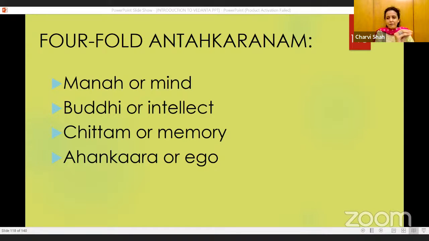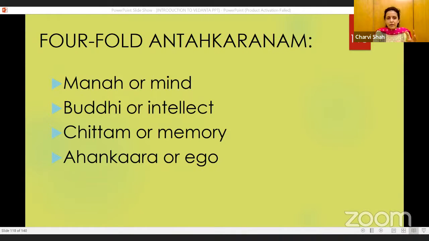So manaha is a different instrument, buddhi is a different instrument. Then the third one is chittam or memory. And the fourth one is ahankara or ego. So mind, that is manaha; intellect, that is buddhi; chittam, memory; and ahankara, ego.